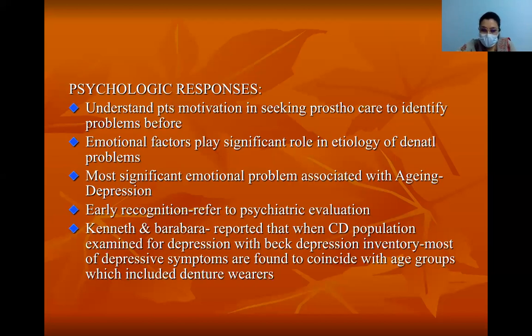Emotional factors also play a significant role in the etiology of the dental problem. The most significant emotional problem associated with aging is depression. Early recognition of these factors becomes important, and then you can refer the patient for psychiatric evaluation also.